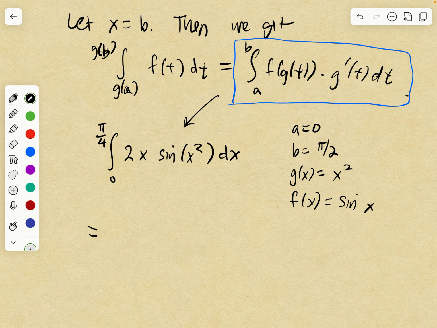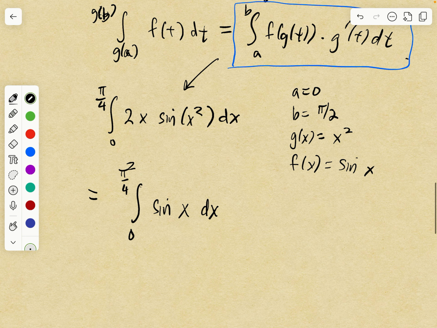And so by the theorem, this is equal to the integral of f, so that's sine, I'll just use x, from g of a, so that's 0 squared, to pi over 2 squared, so it's pi squared over 4.